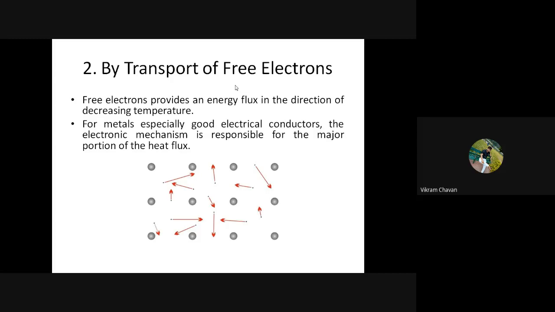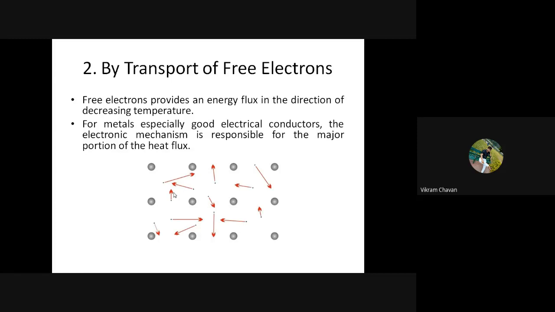Between the higher temperature region and the lower temperature region, an electron flux is formed, and electrons transfer from the high temperature region to the low temperature region.